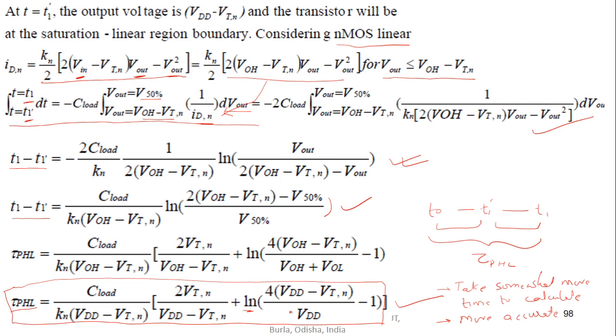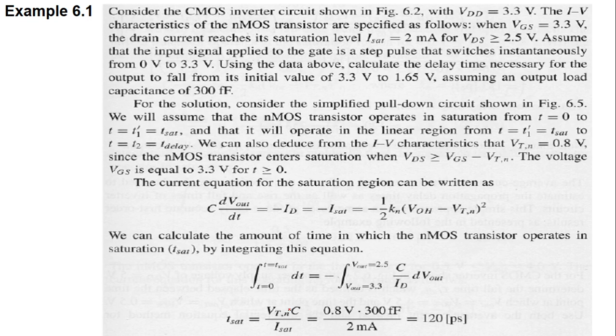So this is an example taken from Kang, example number 6.1. It says that VDD, the power supply, is 3.3 volts, and VGS is 3.3 volts.